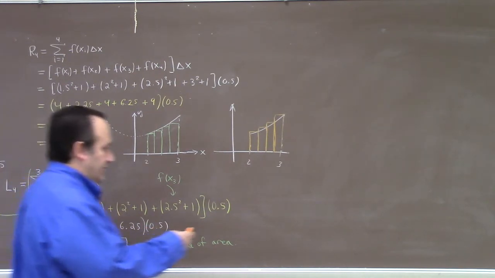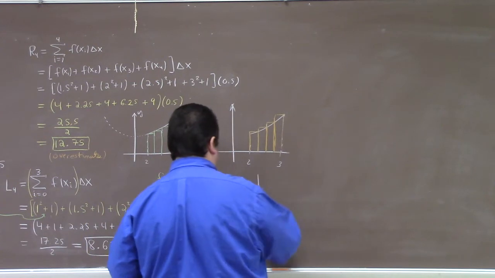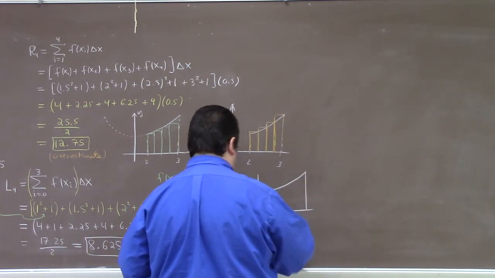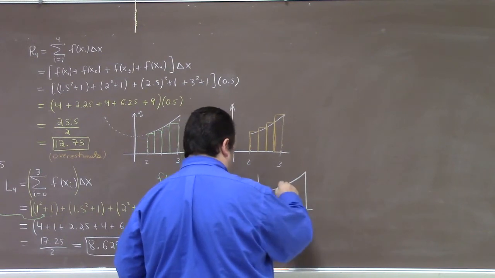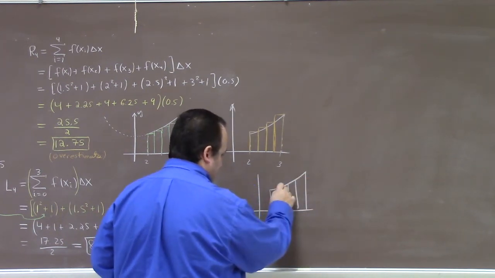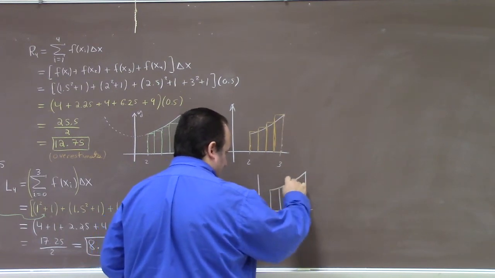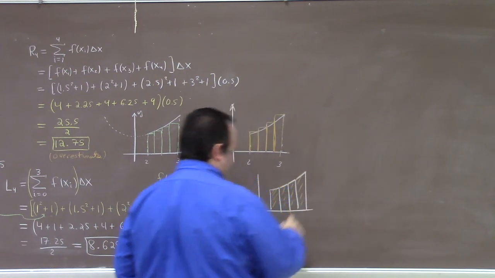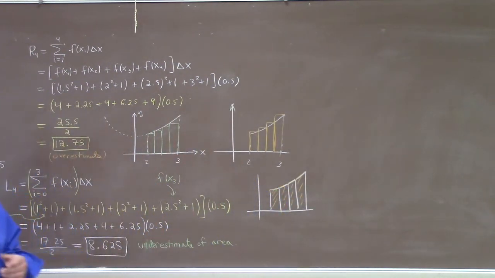So the trapezoid rule would be, picture something like this. You calculate the area of trapezoids, because to calculate the area of a trapezoid, you take the average of the heights and multiply by the width. That's the formula for the area of a trapezoid.